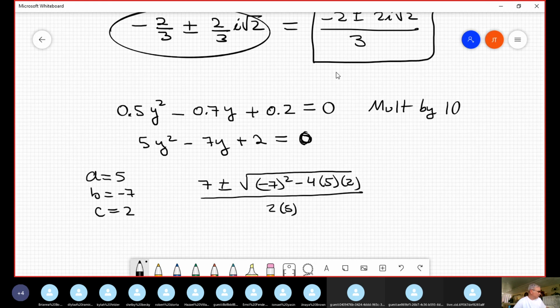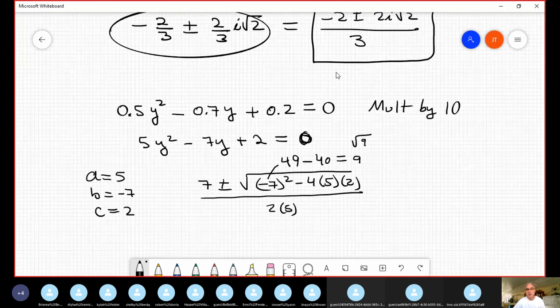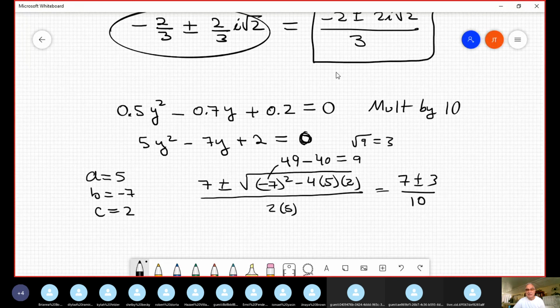As always, the same repetition, we compute the expression inside. It's 49 positive minus 40, no? It's 40 because 20 times 2 is 40, entonces it's 9. And the square root of 9 is 3. Wow, I like this problem. Entonces 7 plus or minus 3 divided by 10, 2 times 5.